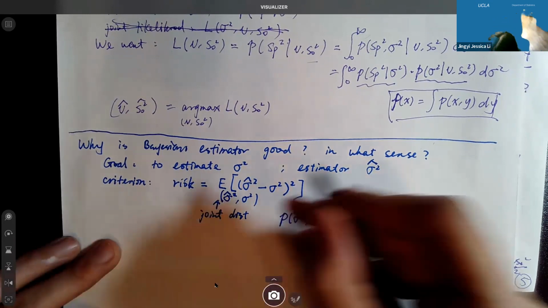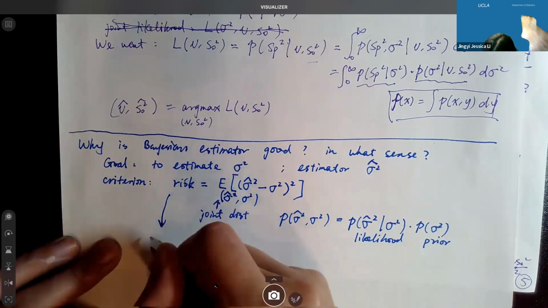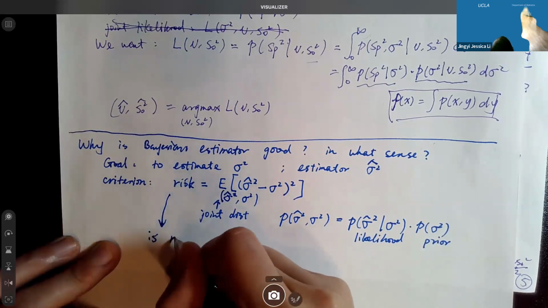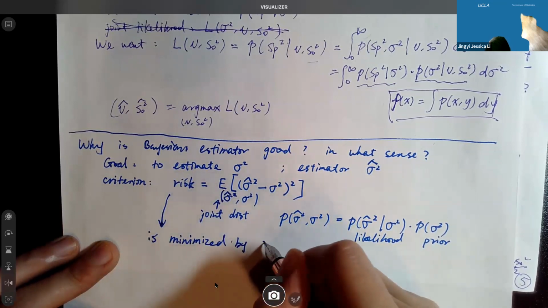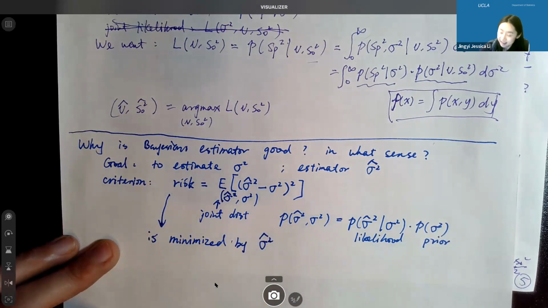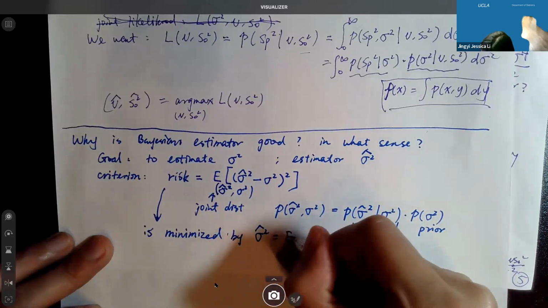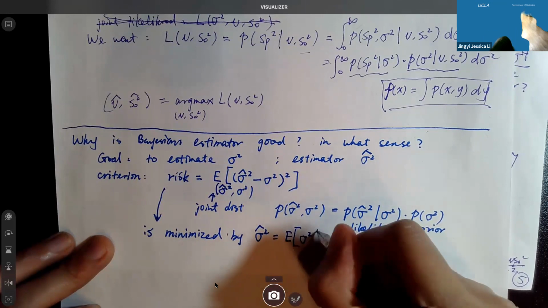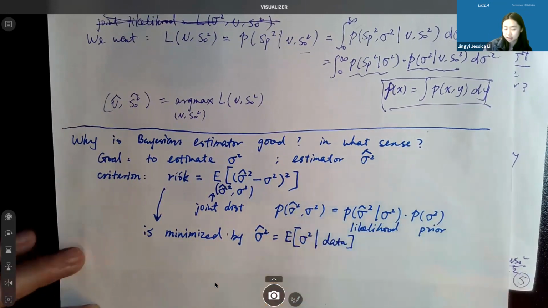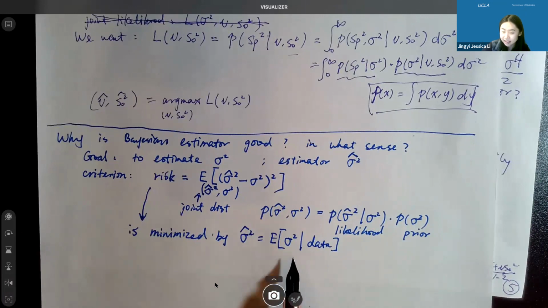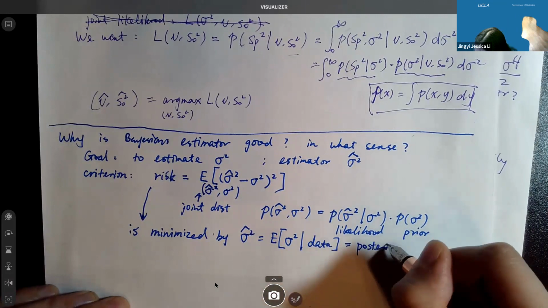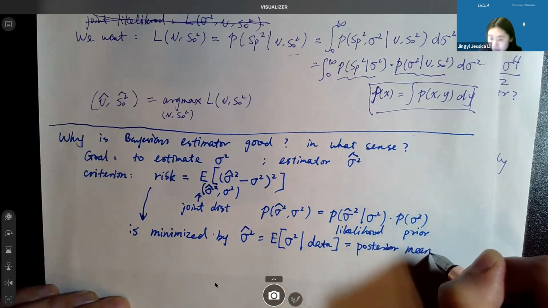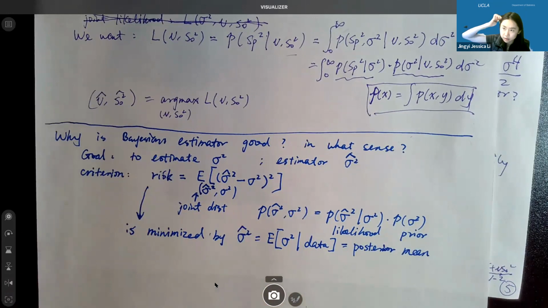So this risk is minimized by setting the sigma square hat as the expectation of sigma square given data. This is the known result. And this is exactly our posterior mean. This is the theoretical foundation of using the Bayesian estimator if you know the prior.